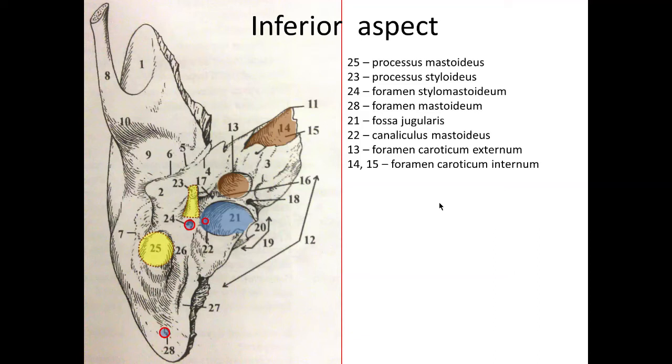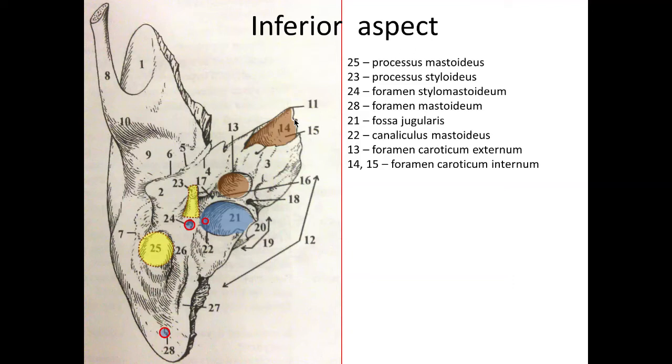One of them, canalis caroticus, serves for arteria carotis interna, the carotid artery, which penetrates the skull through this canal. So it passes through foramen caroticum externum, number 13, and then to foramen caroticum internum, laterally to sella turcica, and appears inside of the skull.